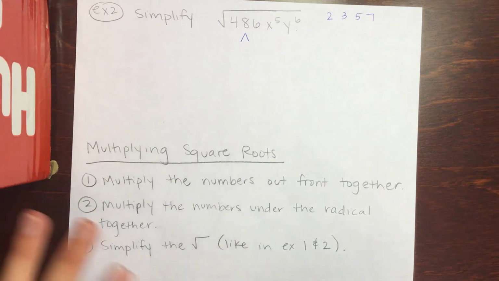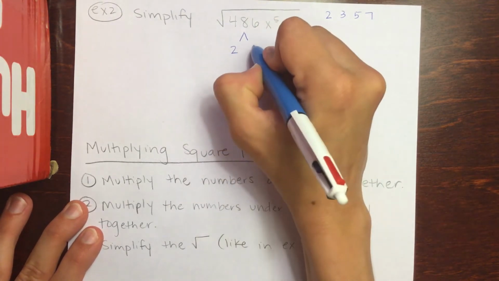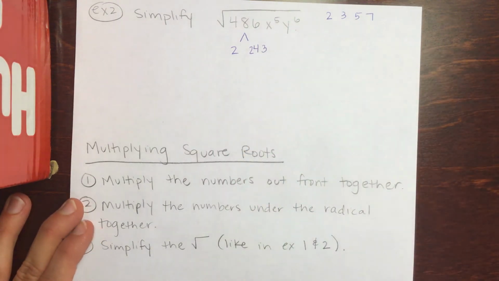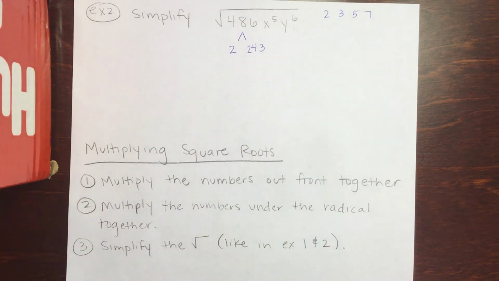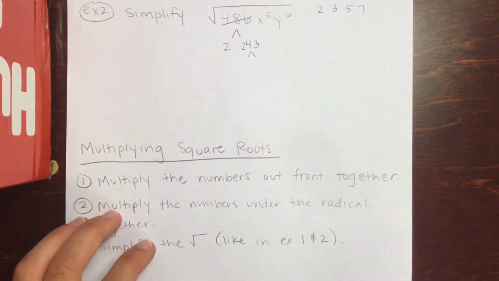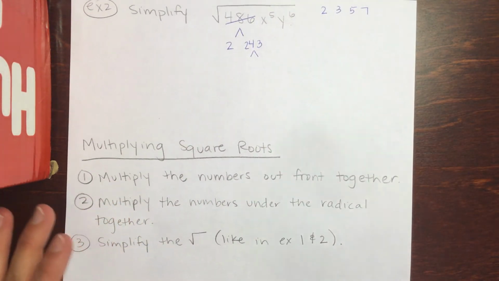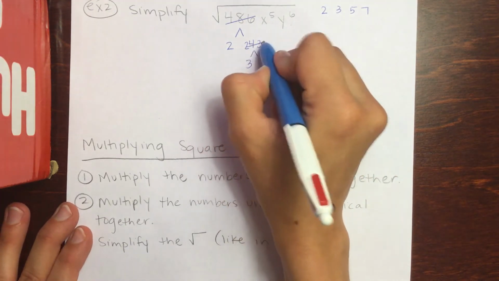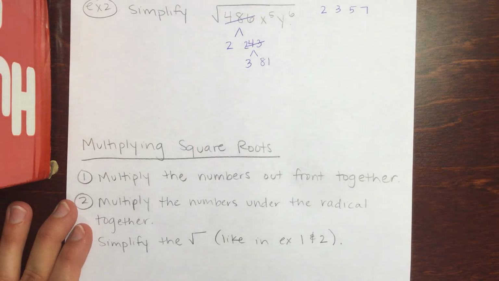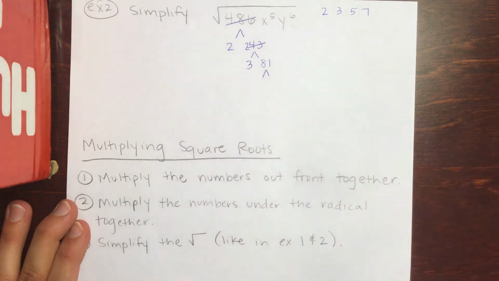So I'm going to pull out a 2. 2 times 243 is 486. All right, 2 doesn't break down, but 243 does break down. I can pull a 3 out of that. 3 times 81 is 243. 3 doesn't break down, but 81 does break down.